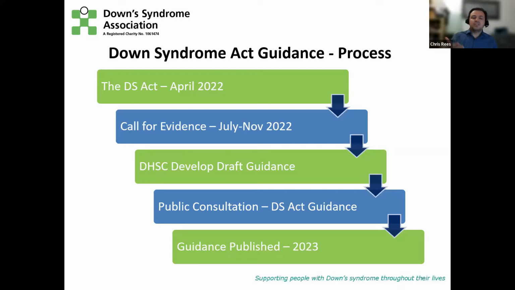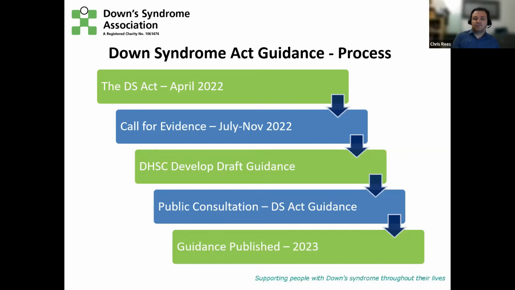But at some point, draft guidance will be developed, which will then go out for a second public consultation, which could again be anything from 12 to 16 weeks. This call for evidence is a fairly broad set of questions, which people are free to put all kinds of things into.